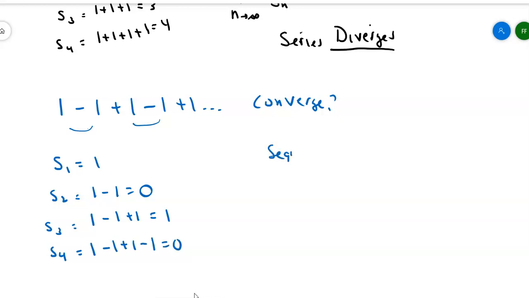So if I look at the sequence of partial sums, it goes 1, 0, 1, 0, etc. What is that approaching? It's not approaching a limit. It's not becoming infinite, but it's also not approaching a limit. Therefore, that thing diverges also. So even though it's not doing anything wild, it still diverges.